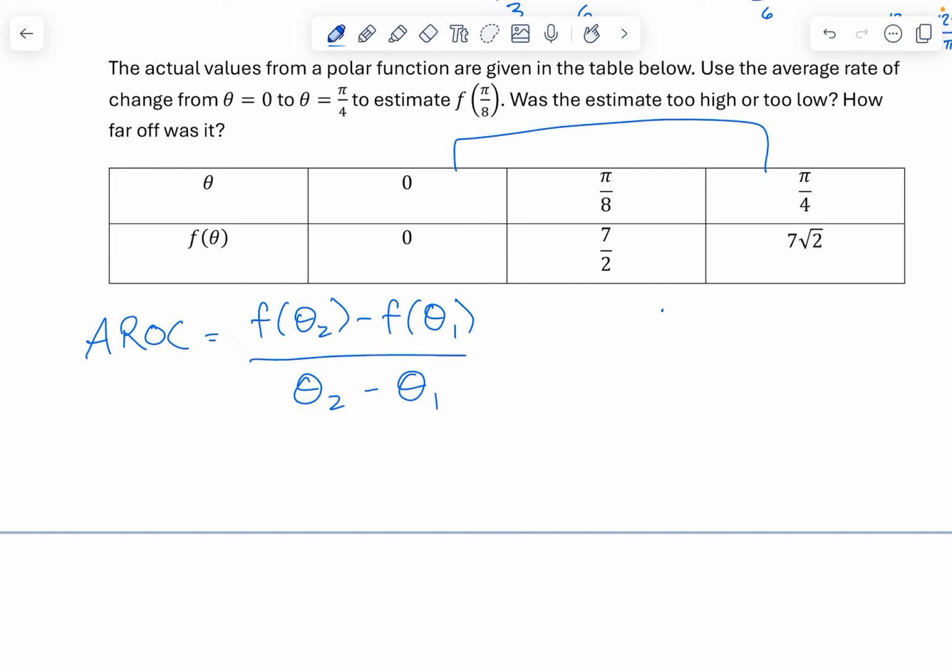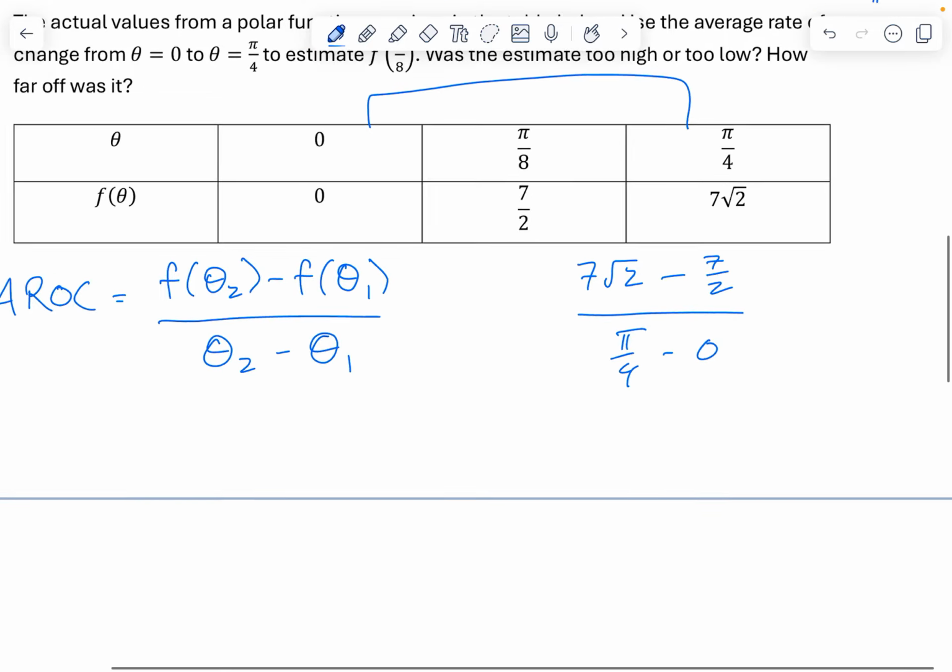So we have 7, that's not a 7. We have 7 root 2 minus the minus 7 halves being divided by pi over 4 minus 0. Okay, ugh, that wasn't very nice of me.